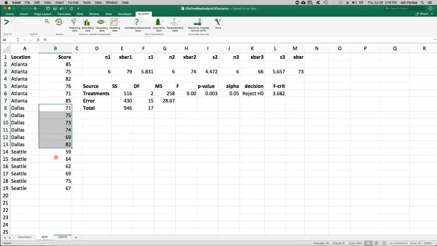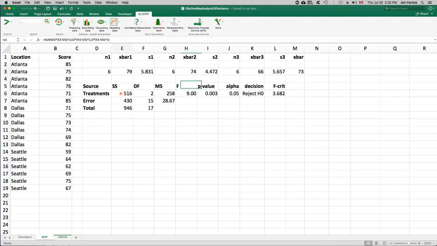These are the employees from Dallas, and these are the employees from Seattle. So as before, sample size for Atlanta, sample mean, sample standard deviation. For Dallas, sample size, mean, and standard deviation. And then for Seattle, sample size, sample mean, sample standard deviation. And this is the overall mean, 73.